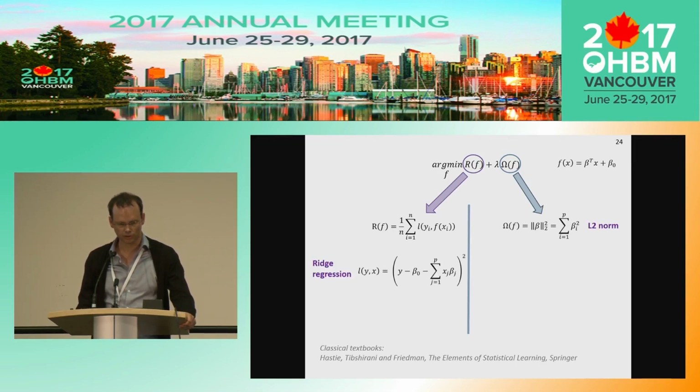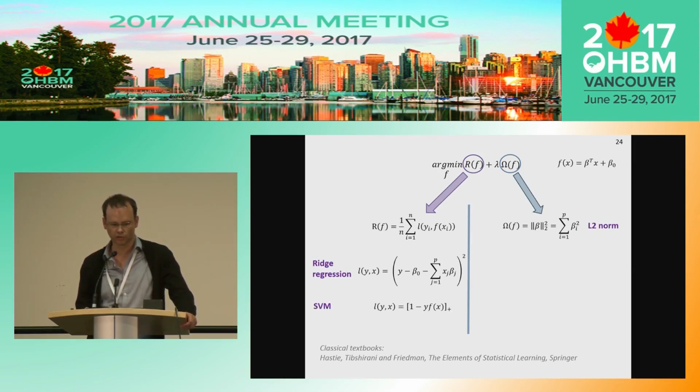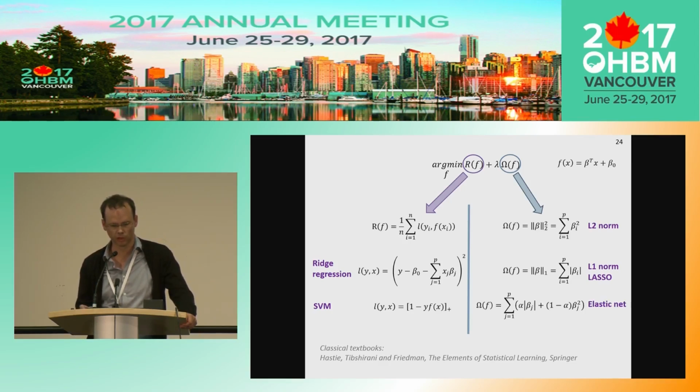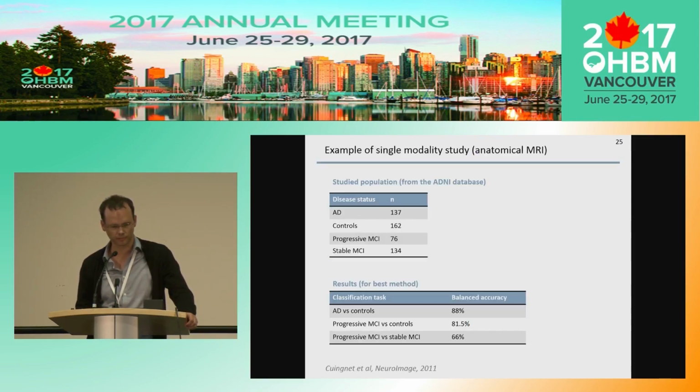So here, for example, with the L2 norm and this loss, you will recover ridge regression, and with this loss, you will recover support vector machine. You can also apply sparsity-inducing norms, such as, for example, the L1 norm in the lasso algorithm, or a combination of different norms, such as, for example, in the elastic net regularization.